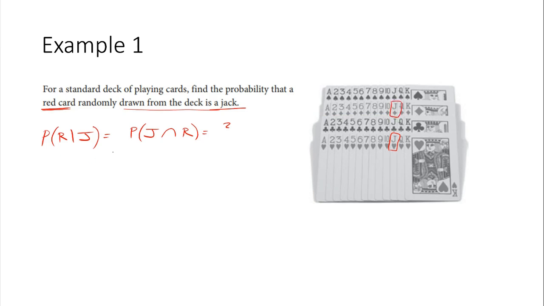But like the formula suggests, for the probability of drawing a red given that it's a jack, we have to consider the probability of getting a jack. The intersection of a jack and a red is 2 out of 52 cards. But what about the probability of getting a jack? How many jacks are there? There are 4 of them, so 4 out of 52.